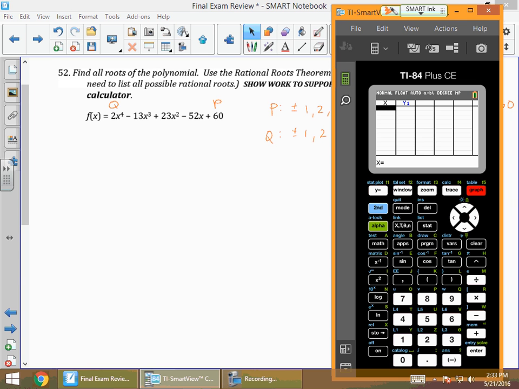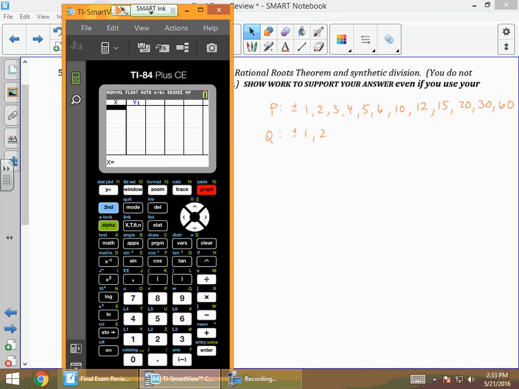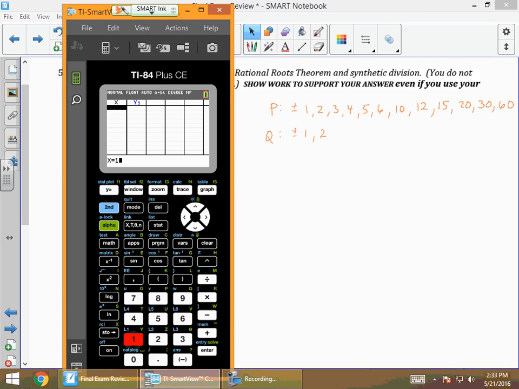So when I go back to this graph now, I can just put in the values I want. I'm going to try 1. It didn't work. I'm looking for zeros. 2, 3, 4, 5. 5 works.